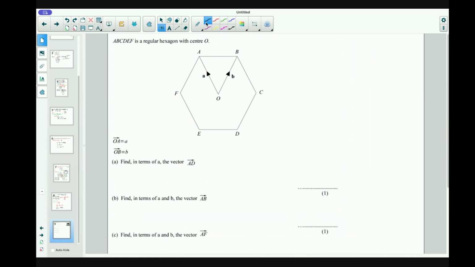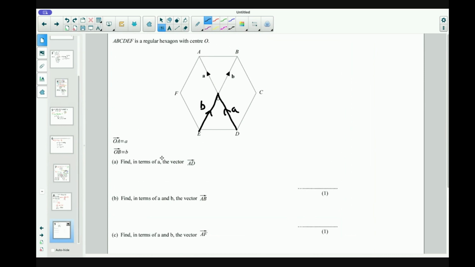For this particular question, we can just draw the rest of our lines through here. I'm actually going to do this and this. And we can say that from D to A is also going to be a. And then from E to O is also going to be b, because we're working with a regular hexagon. So our distance to the center from any of our vertices is going to be the same.